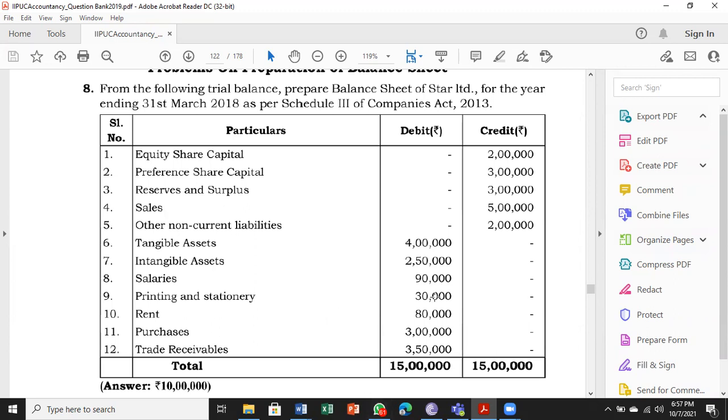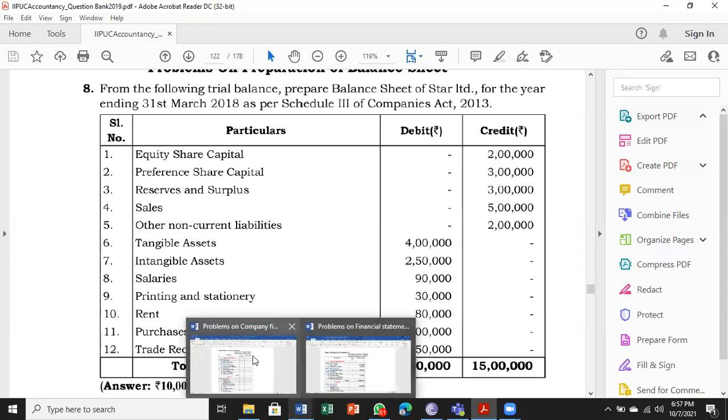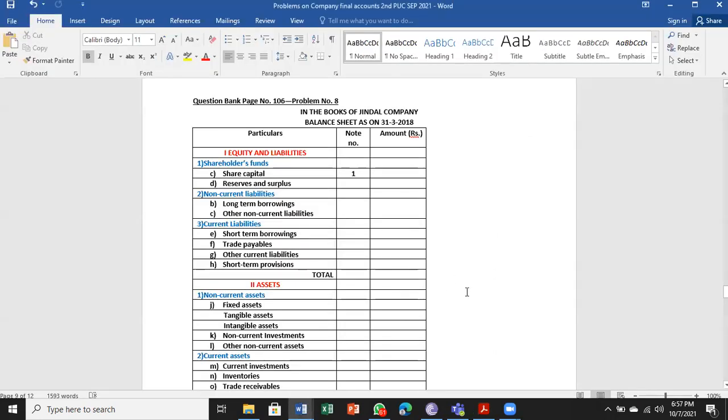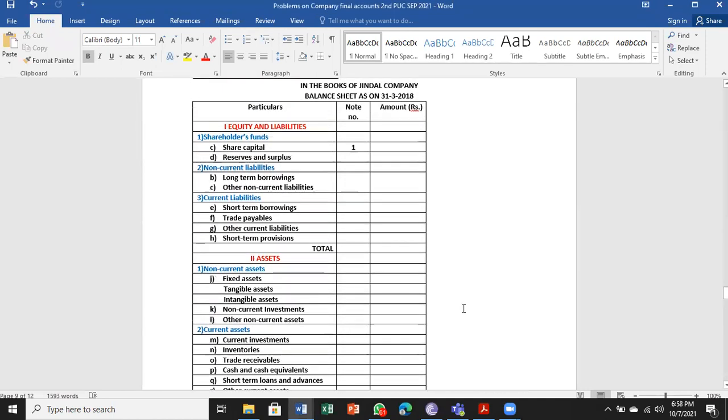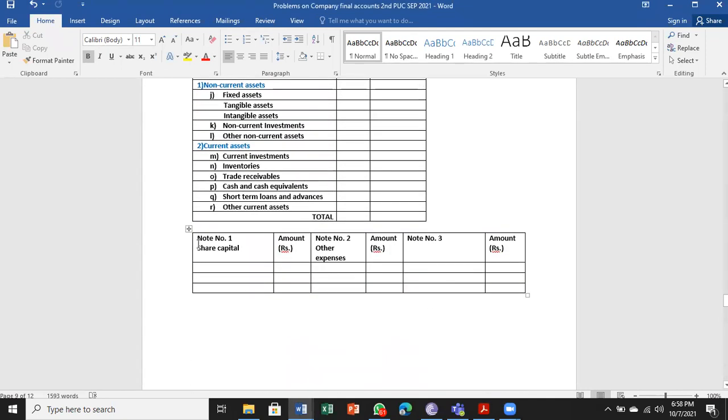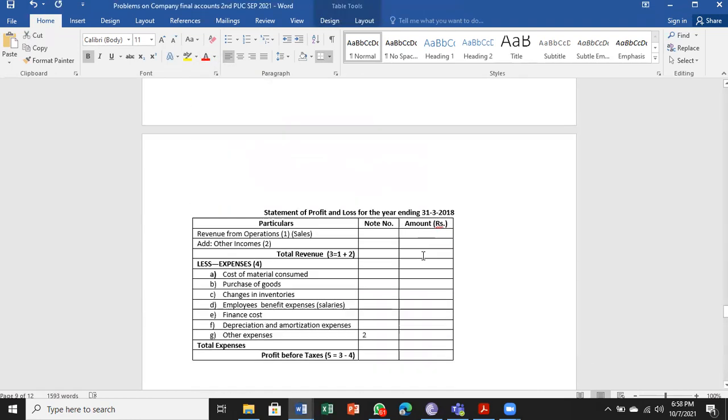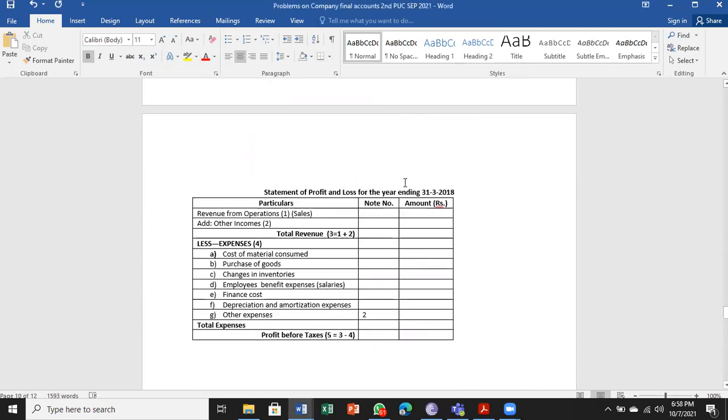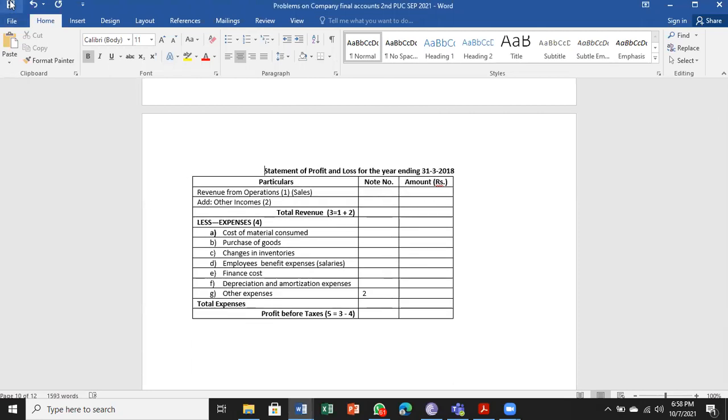Yes, sir. That's why I gave you a hint: debit means what, credit means what? So I have here the balance sheet, I have some notes, and I also have an income statement ready. When you have income statement items, you have to be ready with this also.